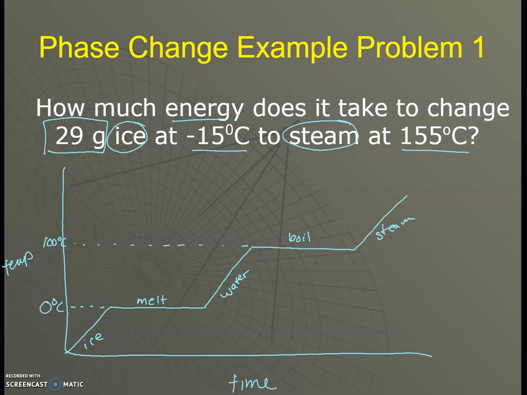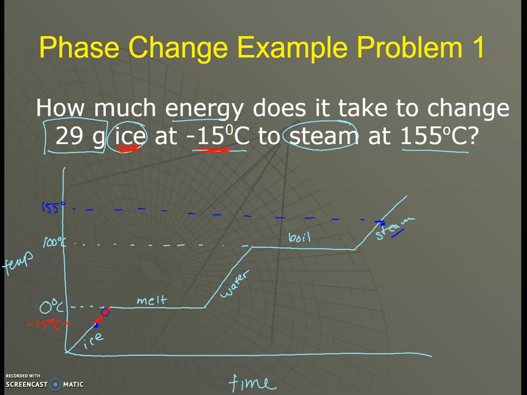So if we start looking at all of this, we are starting at ice at negative 15 degrees Celsius, so about here. And we are ending with steam at 155 degrees Celsius, so about here. To get from here to here, I have quite a ways to go.